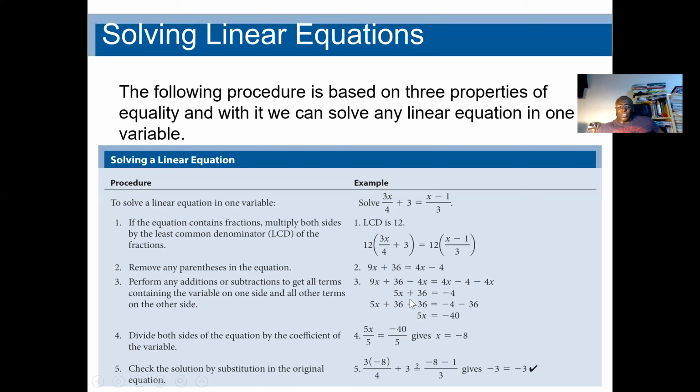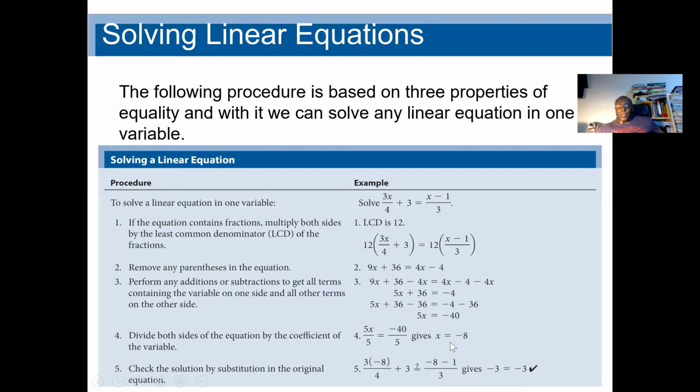So next I want to take the plus 36. So I'll use minus 36 and I have to do the same thing to the right side. So here I'll get 5x equal to minus 40. And I'll divide both sides by 5. And x will give me negative 8.